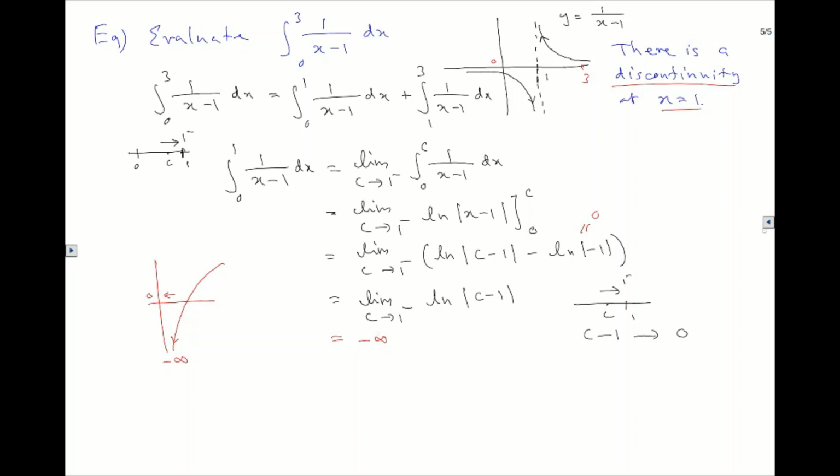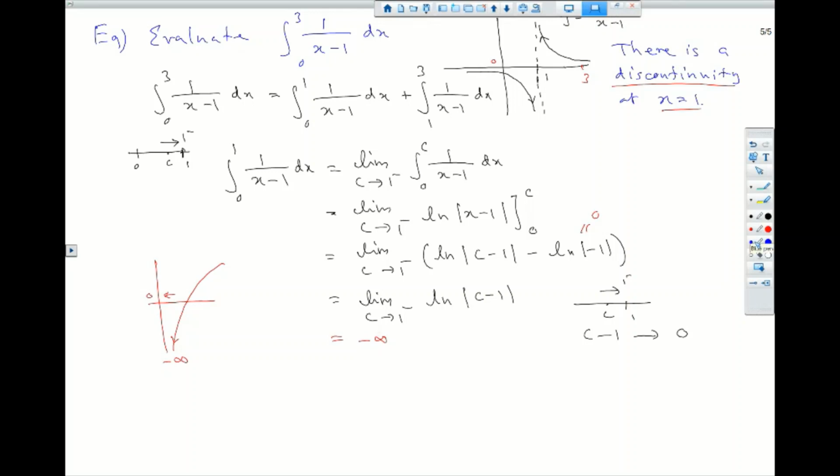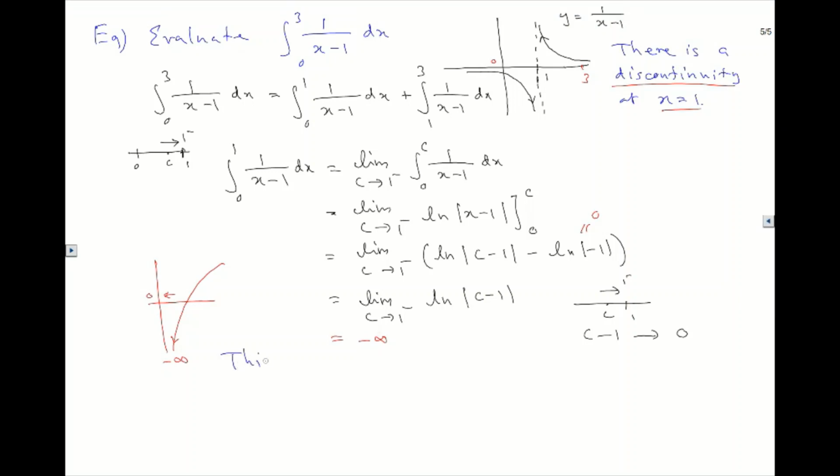So you can see that this limit is infinite, so the integral diverges.